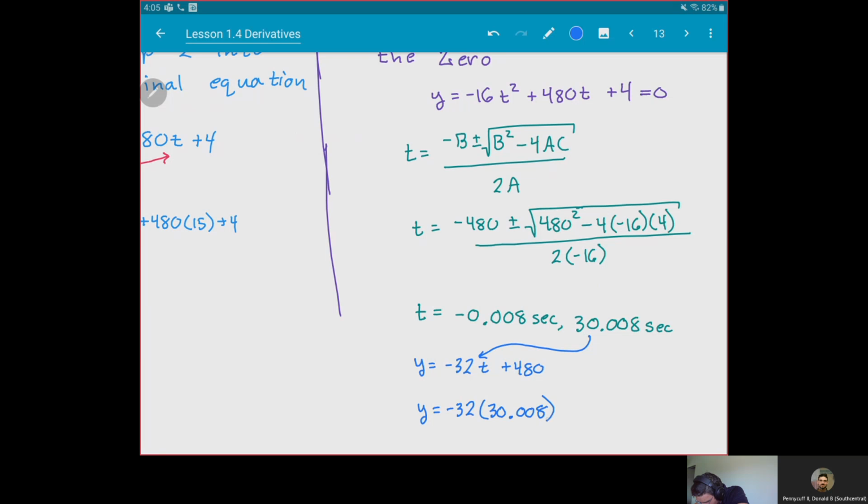So when this object hits the ground, it will have a speed of negative 480.256. That's probably meters per second.